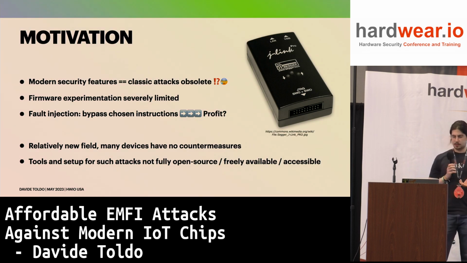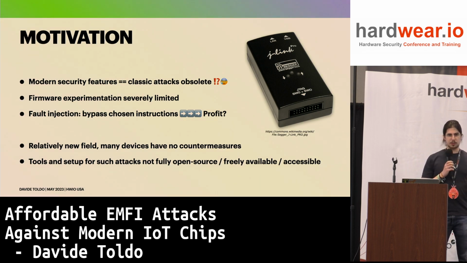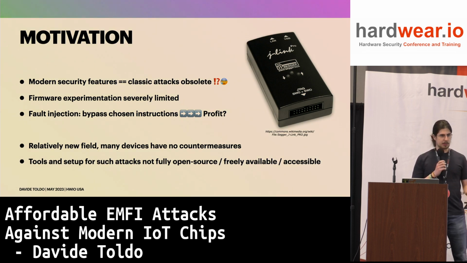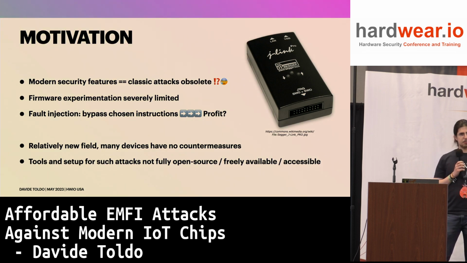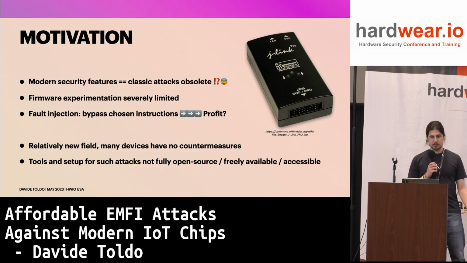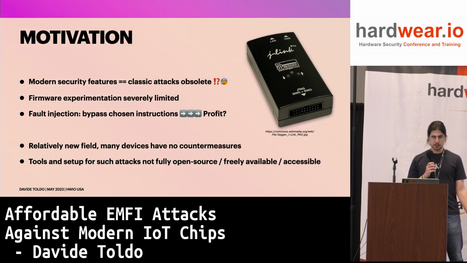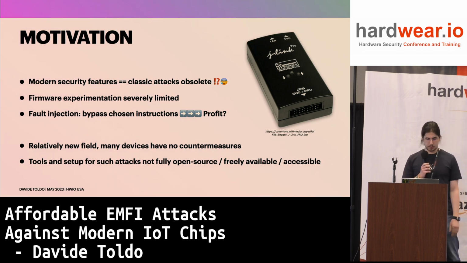Nowadays we have modern security features in many chips, even the very cheapest chips. And the question is, does it make classic attacks obsolete? What I mean by this is connecting a JTAG debugger, or simply reading out the memory that way, or just replacing the ROM, modifying the memory.